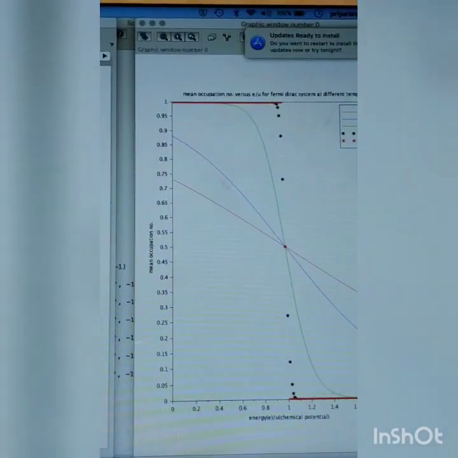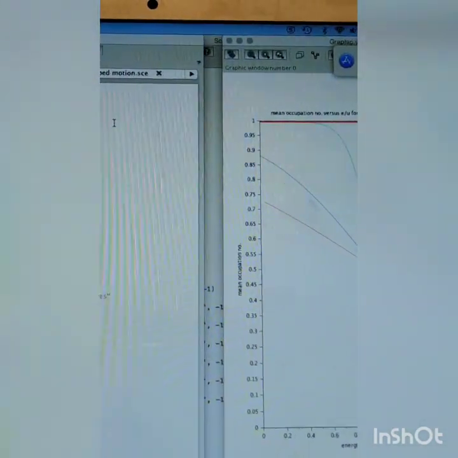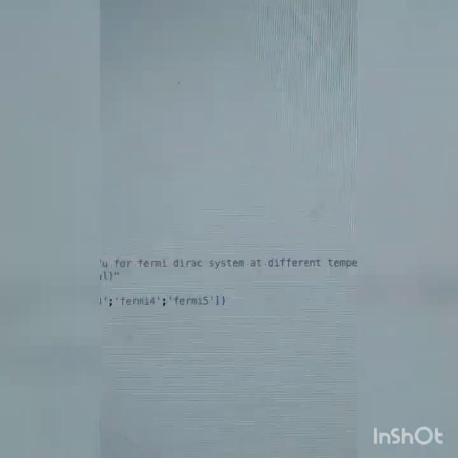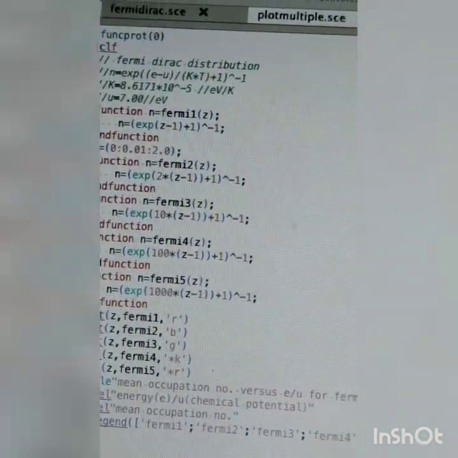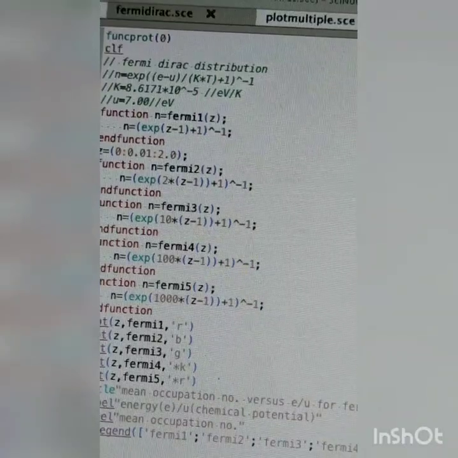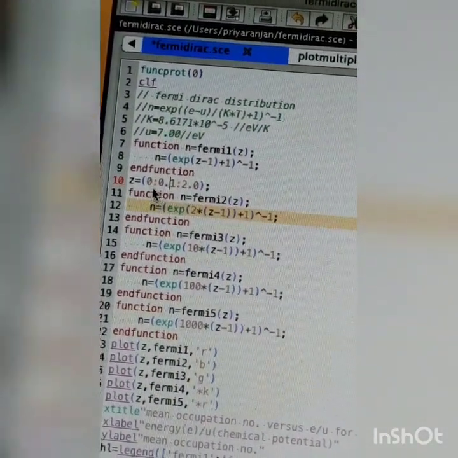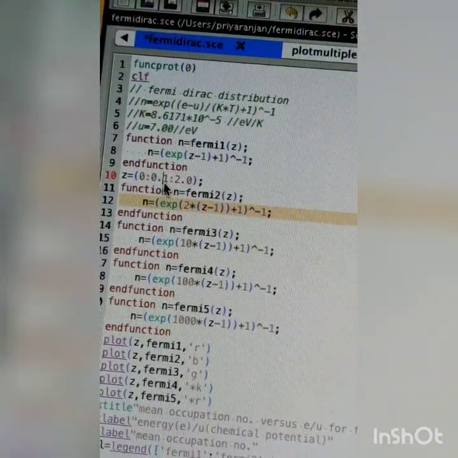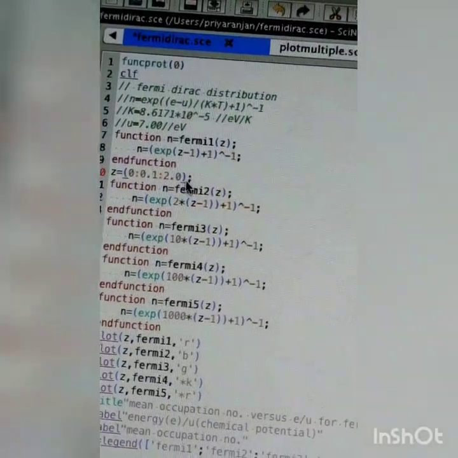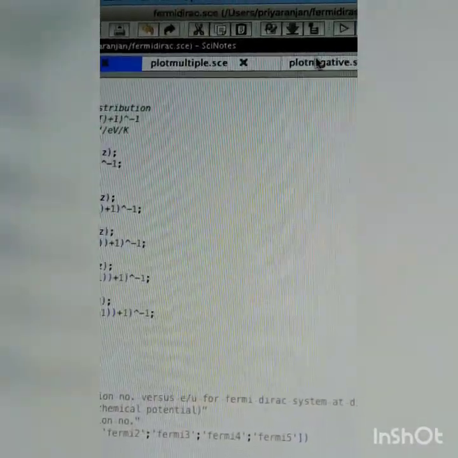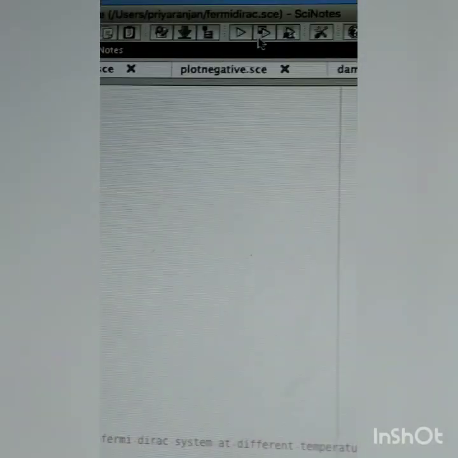So one thing I would like to tell you over here, that if I change the value of z, that means if instead of 0.01 I take some other value, let us say I just take 0.1. Okay, I've changed it to z is equal to 0. The interval is 0.1 and 2.0, and then of course again I go to save and execute.